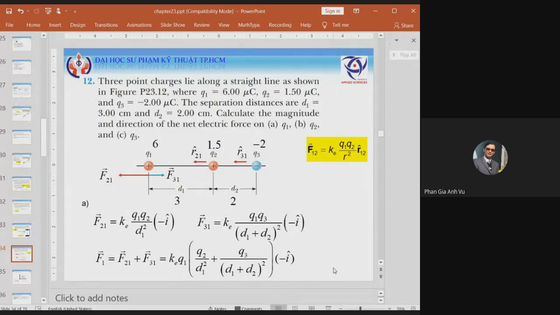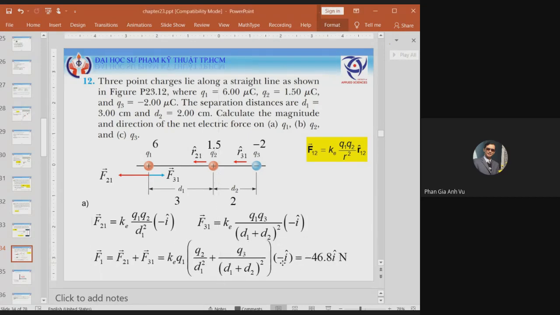You have to convert the distance from centimeter to meter, right? Okay. Then I have here minus 46.8 I. And you have to add the unit of the force here, which is Newton. So this is the final answer.